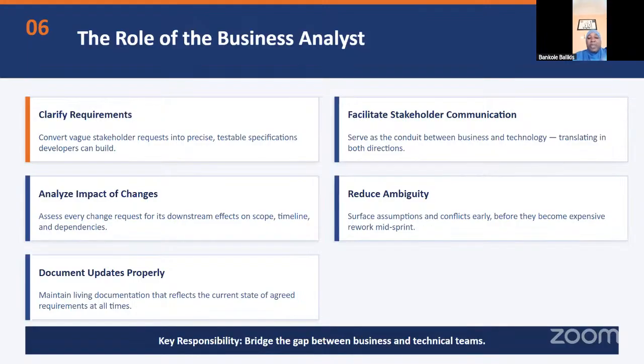The key responsibility of the BA is to bridge the gap between business and technical teams, and make sure that all the features we are building are spelled out using user stories and acceptance criteria so that developers will understand what they are building. Next slide, please.